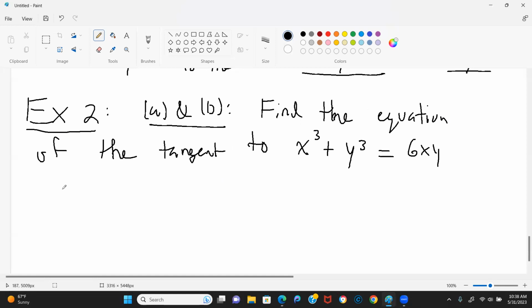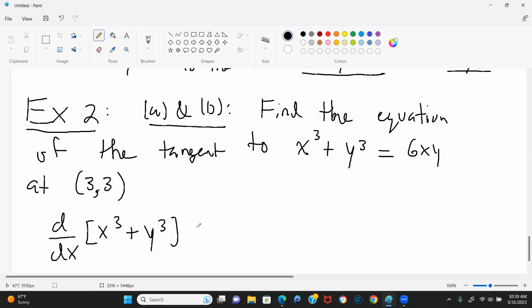So we want to find the tangent to this curve at the point (3, 3). First of all, we need the derivative. So we're going to differentiate both sides of this equation, and then we're going to solve for y prime.